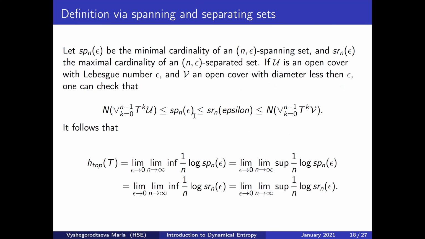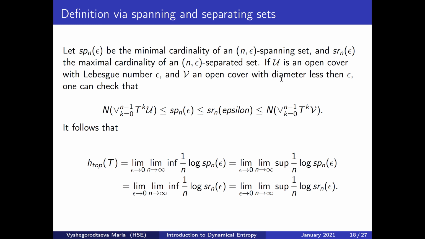Now we call S_P(n, epsilon) the minimal cardinality of an epsilon spanning set, and we call S_R(n, epsilon) the maximal cardinality of an epsilon separated set.